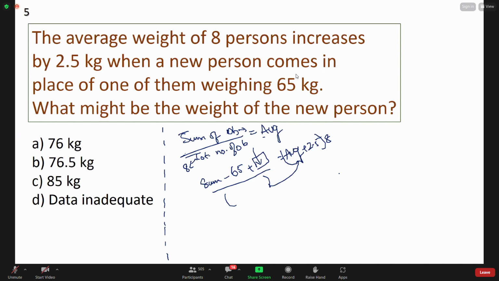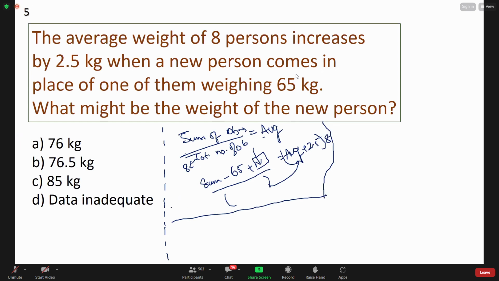You can solve the equation on the screen. Or just think 8 into 2.5, that is 20. You can just solve it with this method here.